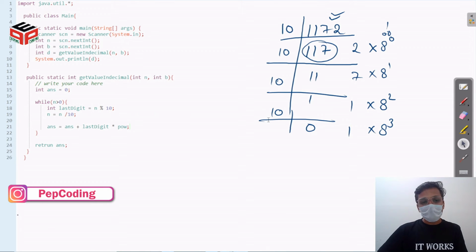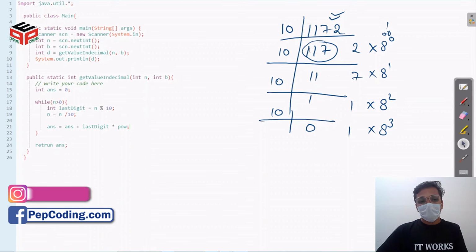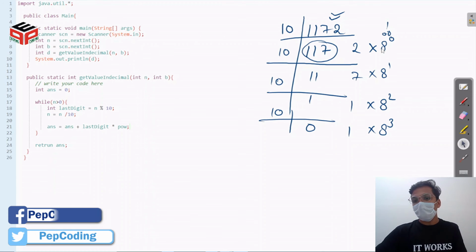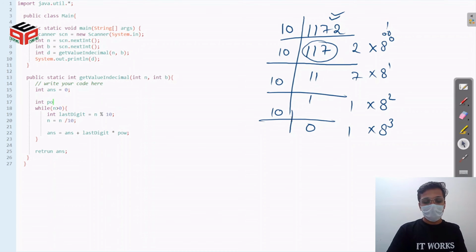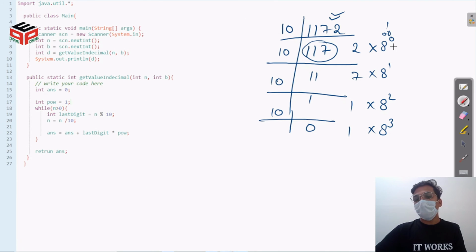So initially the value of power is going to be 1, because here we are multiplying our 2 with 1. After each step the power grows at the rate of 8 times. Initially it was 1, then it is 8 raised to power 1.